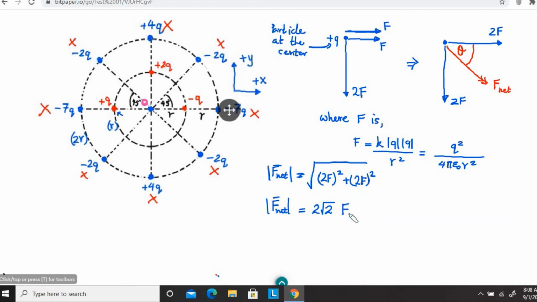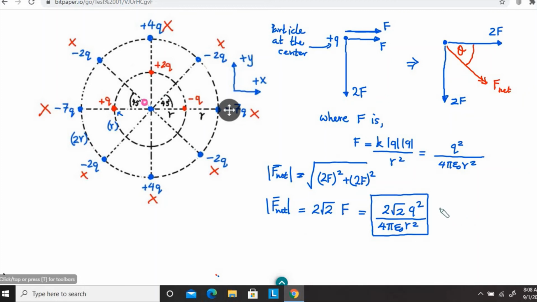And then I can substitute for F this quantity, because there are no numerical values given. So I can simply substitute 2 square root of 2 Q squared over 4 pi epsilon naught R squared. Okay, so that gives me the magnitude of the net force acting on the plus Q charge particle that is placed at the center of this concentric circle system.